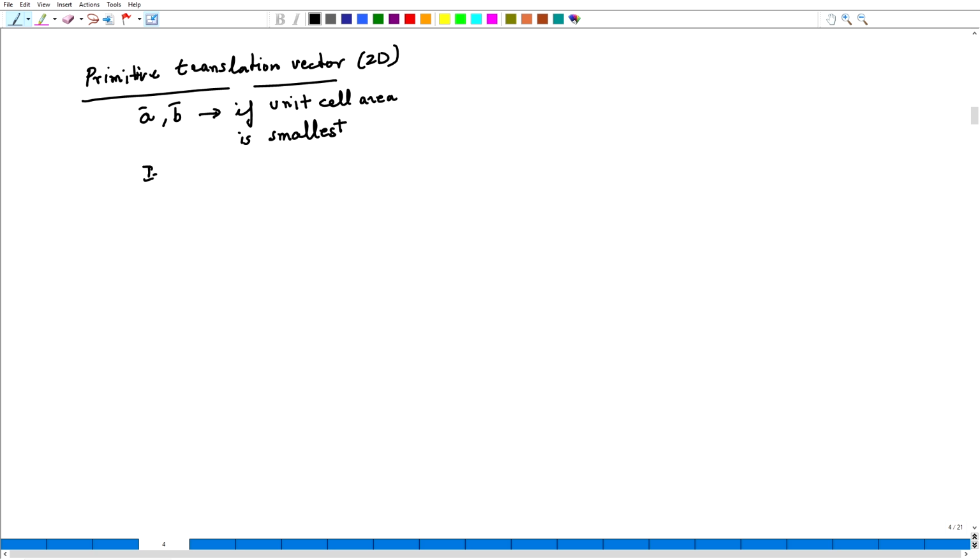In 3D, we will obviously have 3 vectors A, B and C. So, if these were to be primitive, then it would be the smallest volume.